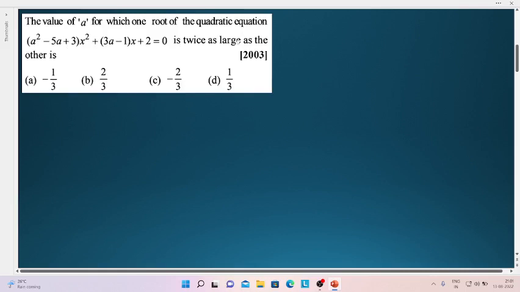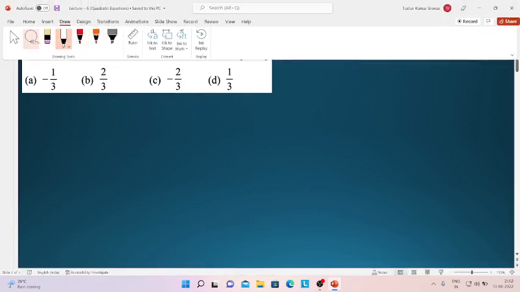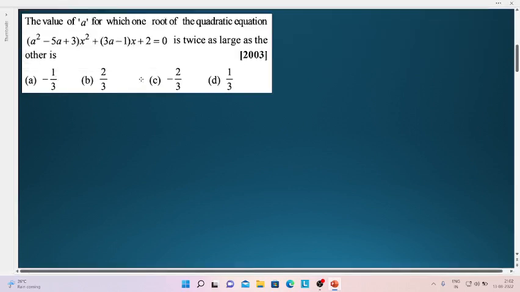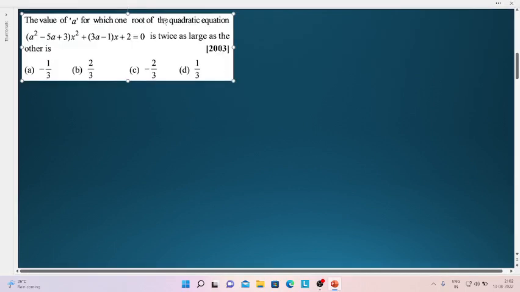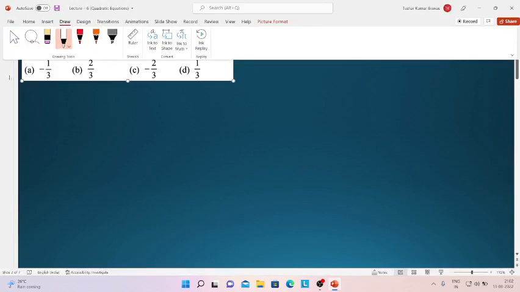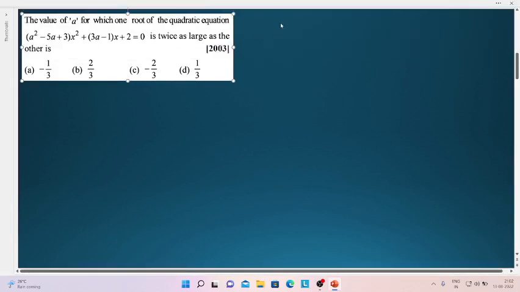First of all, let me minimize this question into the smallest form so that I will have more space. The quadratic equation given to you is (a square minus 5a plus 3) times x square plus (3a minus 1) times x plus 2 equals 0.